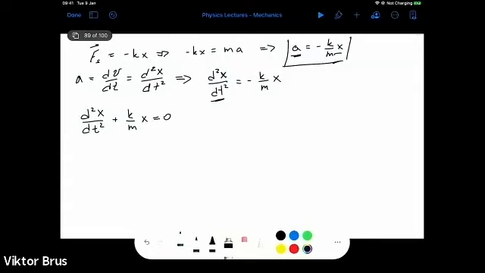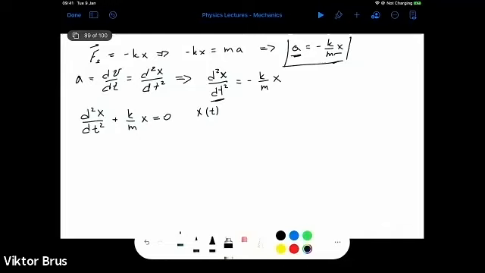So now our task is to find the function x(t). Find the dependence of displacement or position of the block as a function of time.